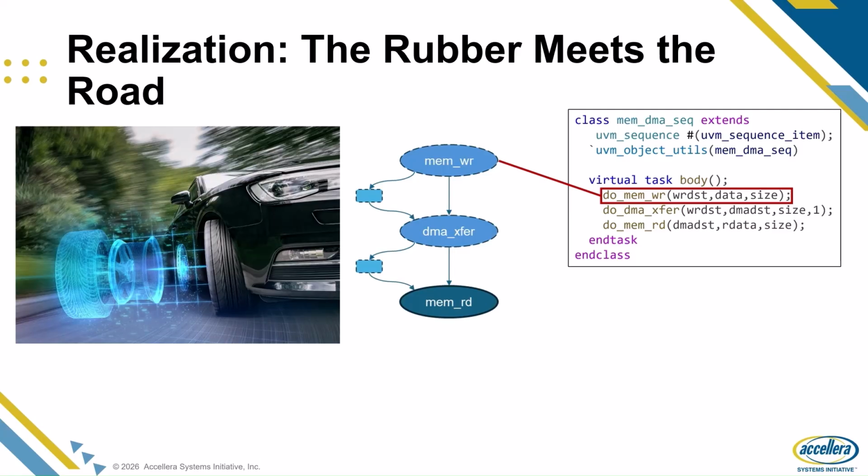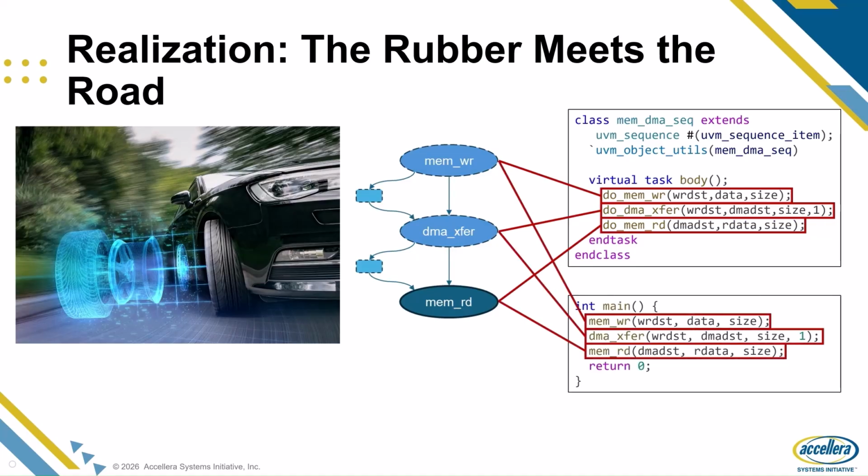In this case, SystemVerilog, where I'm going to do a memory write with an address, a data, and a size. I'm going to do a DMA transfer with a source, a destination, a size. And then I'm going to read from the data. So it's up to the PSS tool to generate the infrastructure in the target language to call the appropriate methods according to the schedule defined in the abstract model.